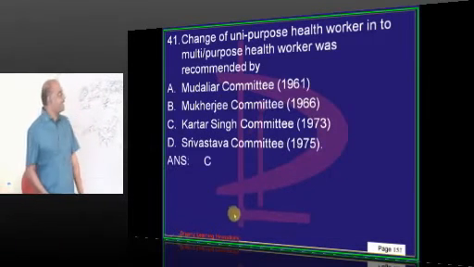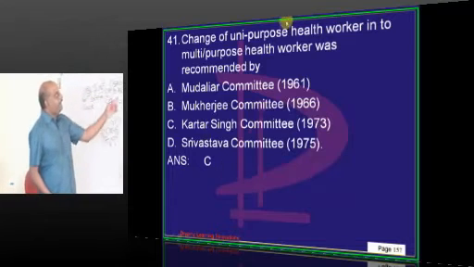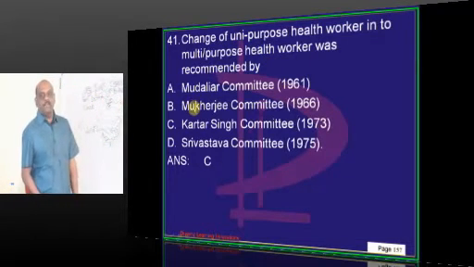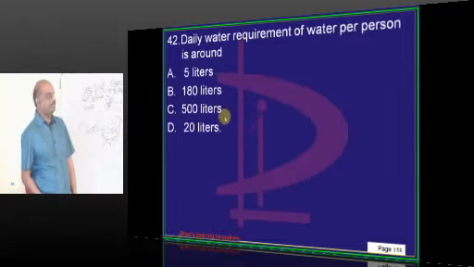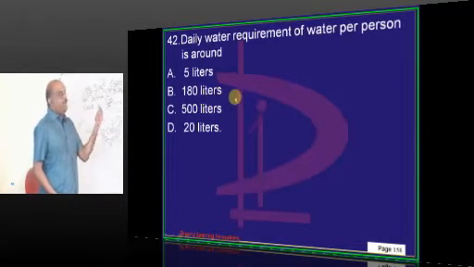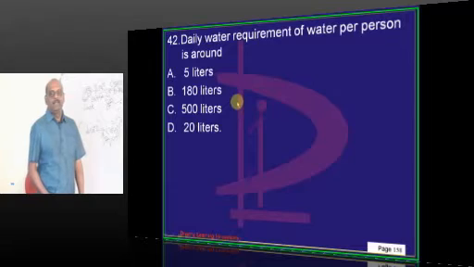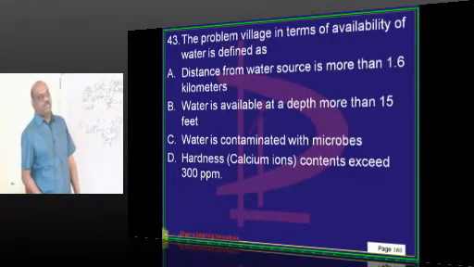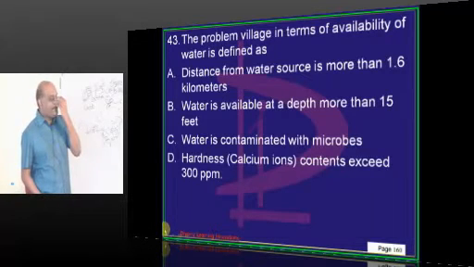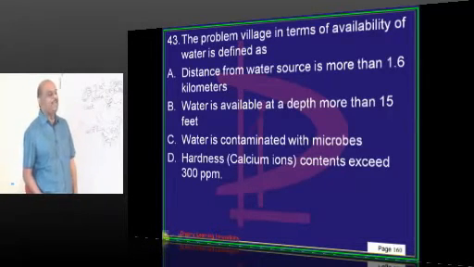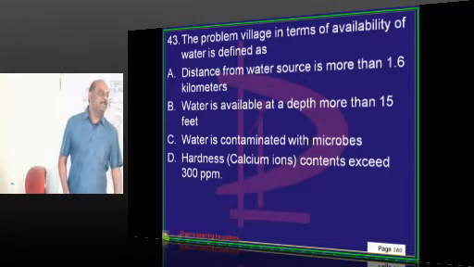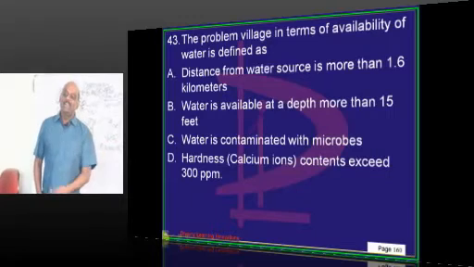Who introduced the multi-purpose scheme, where he converted unipurpose into multi-purpose health worker? Kartar or Srivastav? Kartar. How much is the daily water requirement of a person? 180 is the golden figure. Problem village is which village? After you get in MS General Surgery and MD General Medicine also, suddenly all these things will come into dream. What was the problem village? Suddenly your friend will say, no, you are doing night duty in EMD, Emergency Medicine Department.